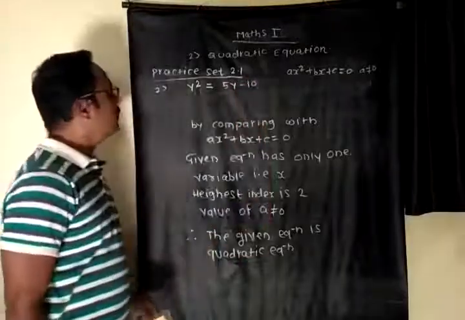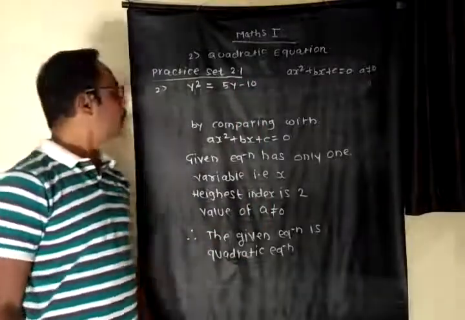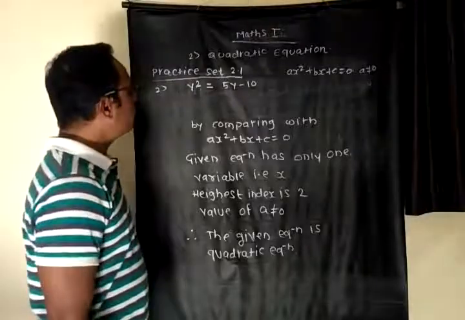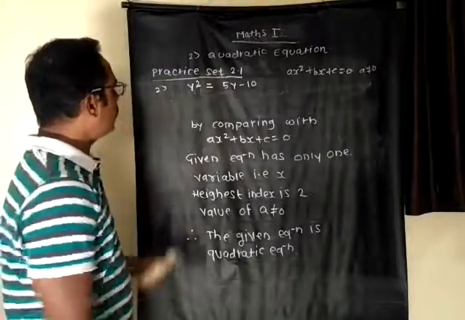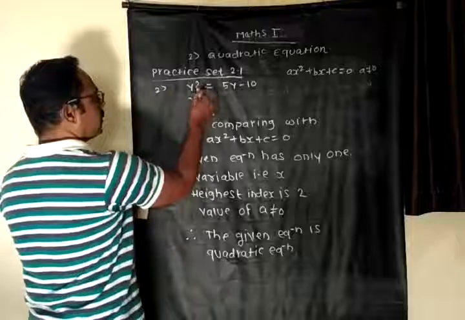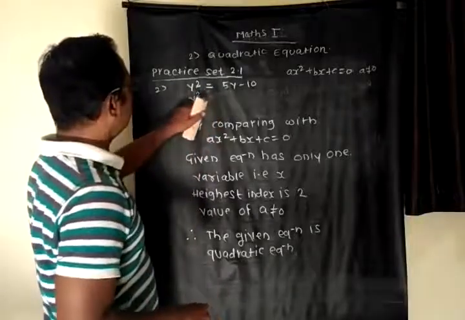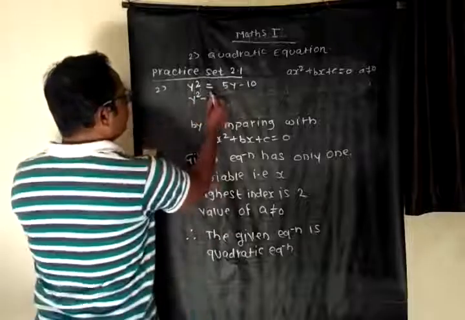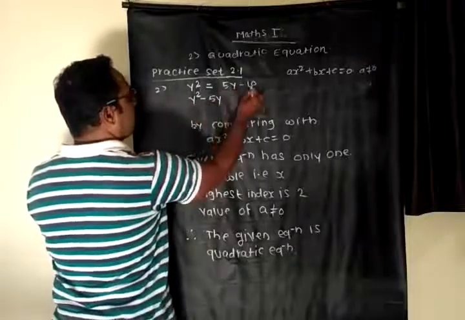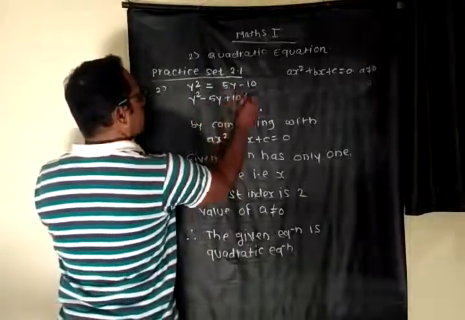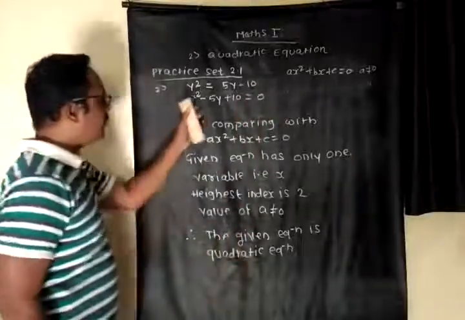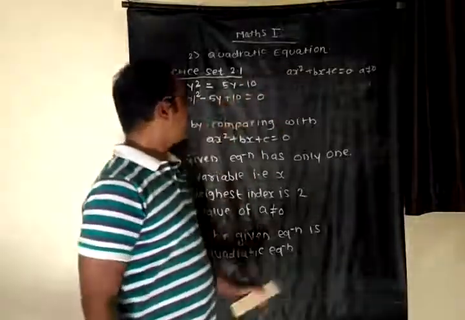This is our equation number 2. Now, before comparing this equation with the standard form, we will convert it into standard form. So y square will be as it is, plus 5y will become minus 5y, minus 10 will become plus 10, is equal to 0.